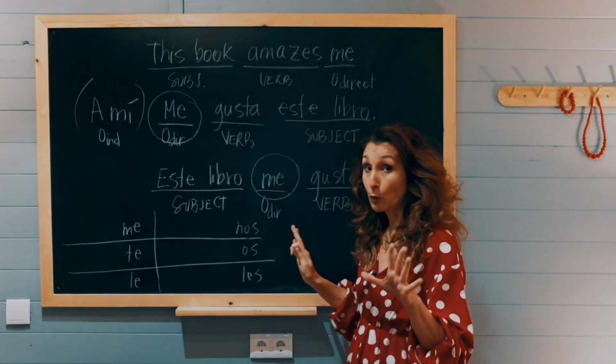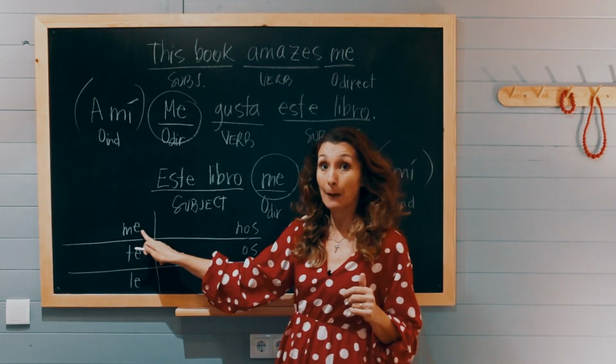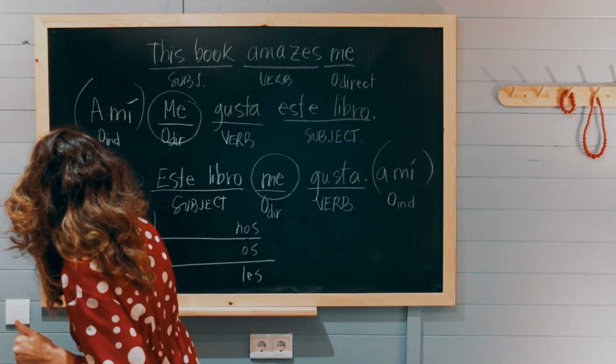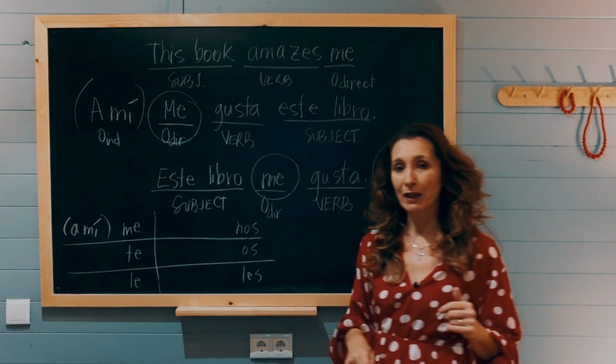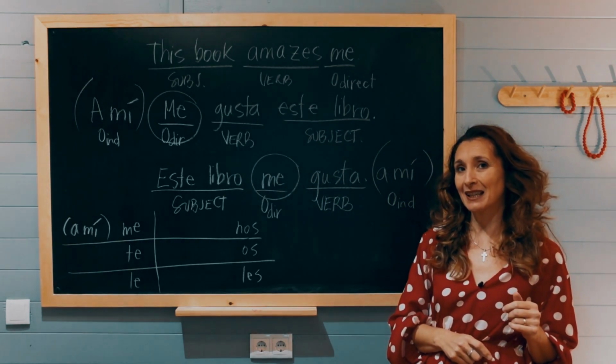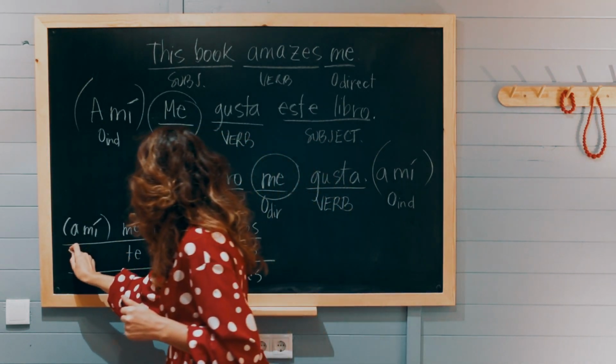Again, it's optional, so I will put it in parentheses, but if we were to duplicate me, as you've seen here, we would say a mí me gusta este libro, o este libro me gusta a mí.